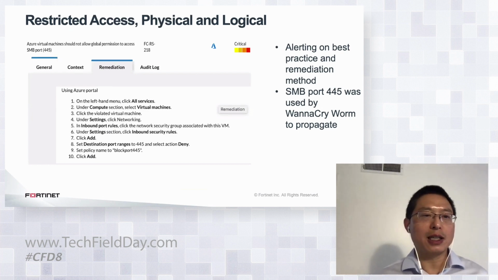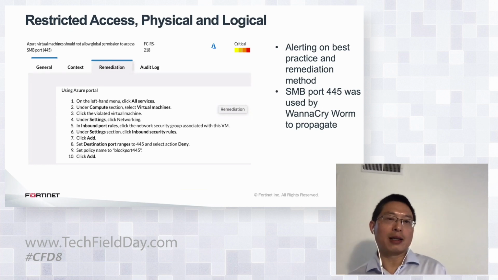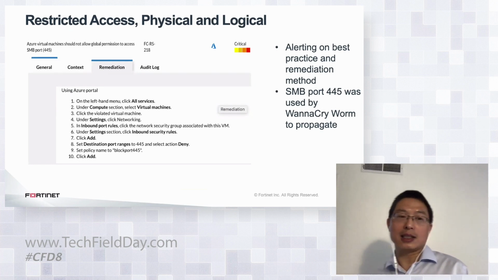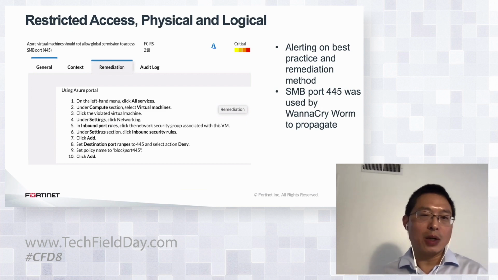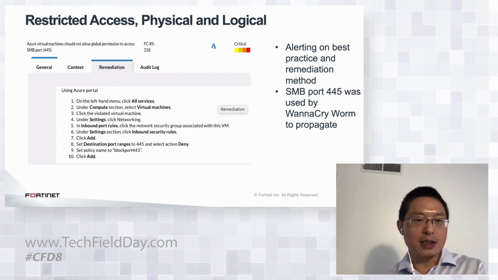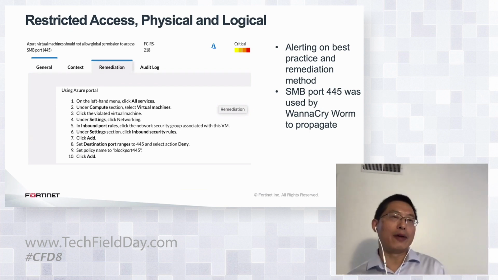So the next example is that for some machines, there are best practices to follow. For example, in this case, a best practice is that the Azure virtual machine should not allow global permission to access the SMB port. And in this kind of case, we even provide remediations. In this particular case, it's a manual remediation, and in some cases, we have auto remediation.